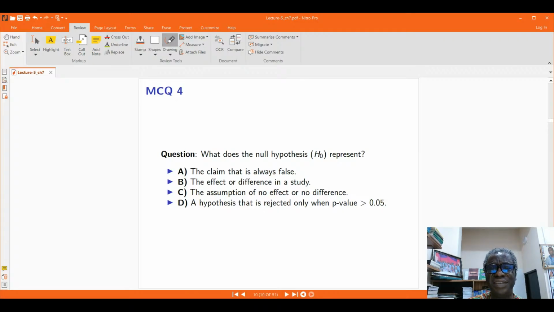C, the assumption of no effect or no difference. D, a hypothesis that is rejected only when p-value is greater than 0.05. Which of these does the null hypothesis represent? What are your choices?